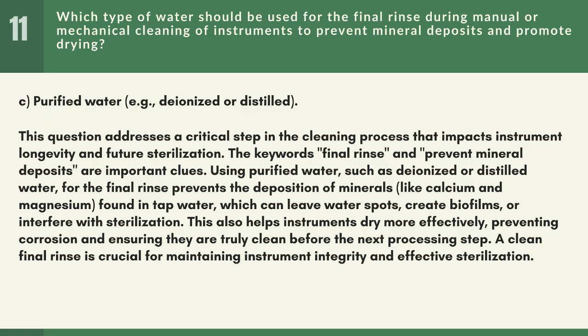Using purified water, such as deionized or distilled water, for the final rinse prevents the deposition of minerals, like calcium and magnesium, found in tap water, which can leave water spots, create biofilms, or interfere with sterilization. This also helps instruments dry more effectively, preventing corrosion and ensuring they are truly clean before the next processing step. A clean final rinse is crucial for maintaining instrument integrity and effective sterilization.